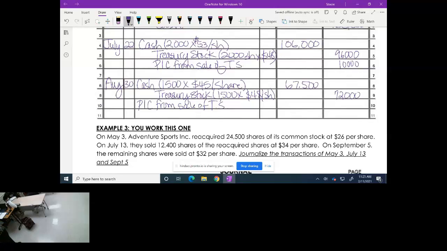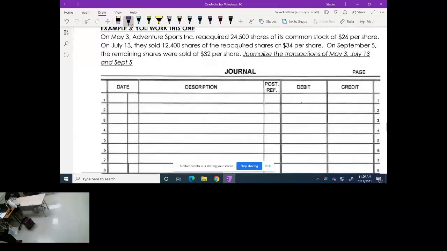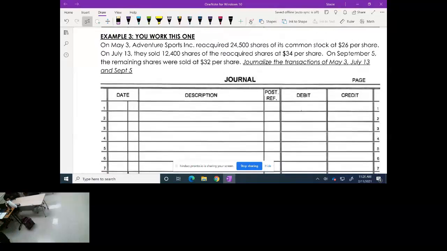But we need a debit, so we'll have to debit paid in capital $4,500. It's all right to debit, but just make sure when you're doing your homework that you put all the debits first, then the credits. Y'all work this one and see if you're getting it.